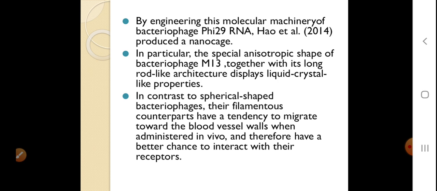Fine. And among these, when you compare, M13 is more preferred than the lambda phages because of the tendency to migrate toward the blood vessel walls when administered in vivo. Okay, so they go and bind to or interact with the receptors in vivo better than your lambda phages, right?